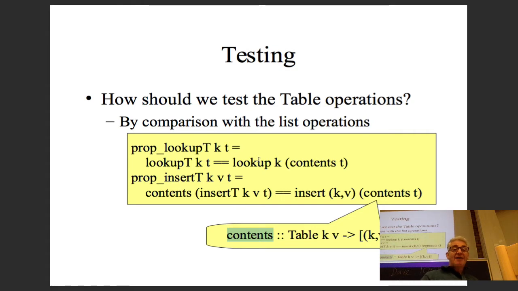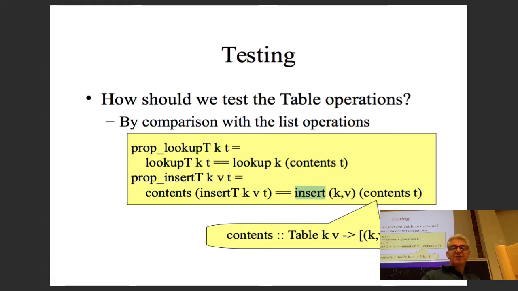And if we have that, then these are the kind of properties we expect. If we have a key in a table, then if we look up the key in the table, we get the same result as using the standard lookup function for the contents of the table. And the insert is the same.